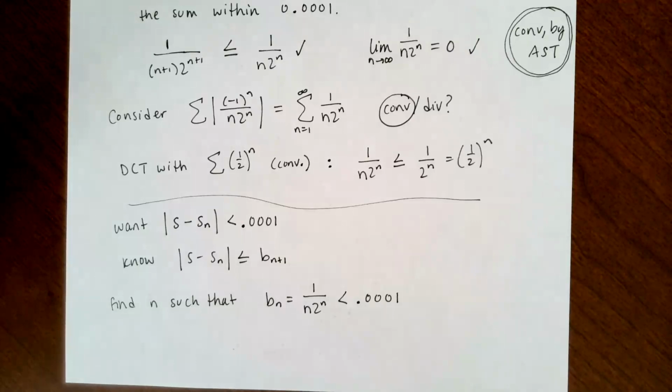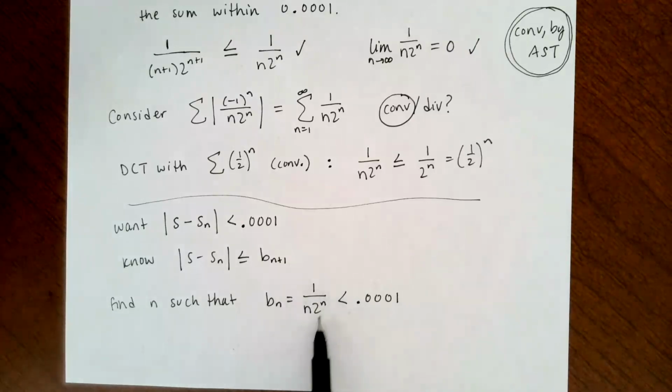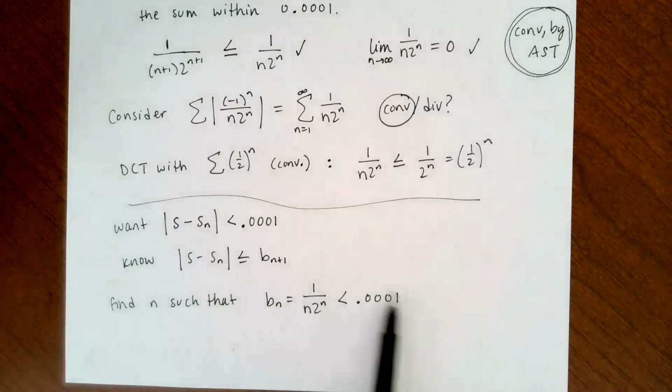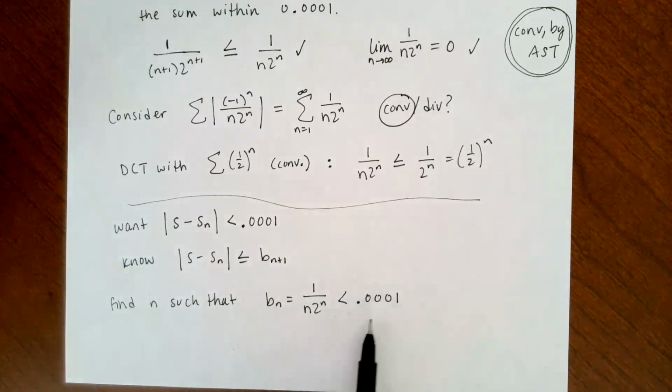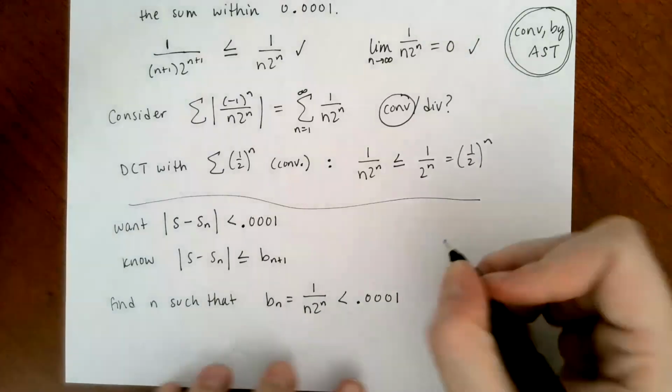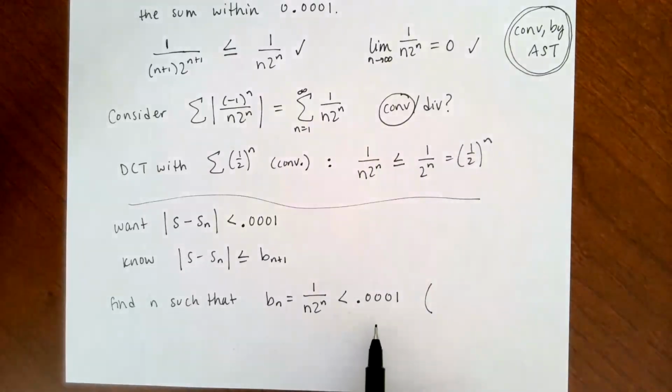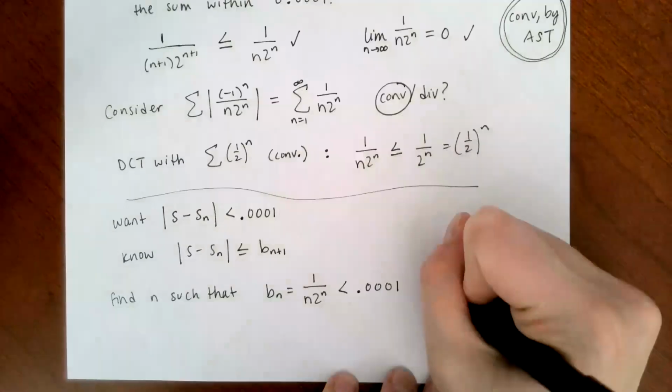One way is you could just start plugging in values of n. So 1/3 to the 3, 1/4 to the 4, and keep going to get a number in your calculator that's less than this. Or you could do a little bit of algebra. This one's tough to solve all the way, but you could divide over the 0.0001 here, and then bring the n to the n here, and you would get 1/0.0001, which is 10,000.